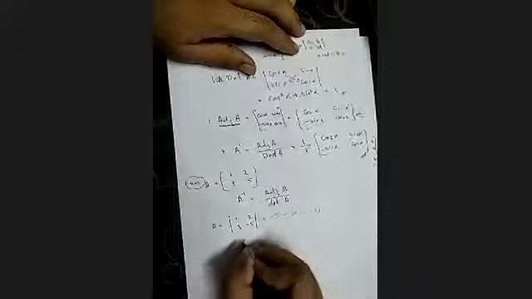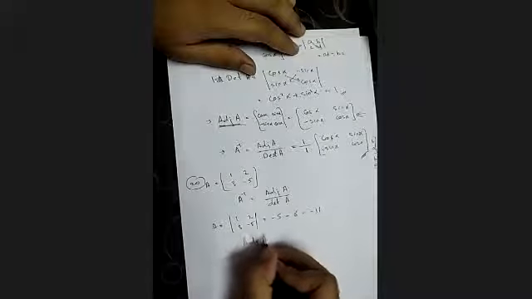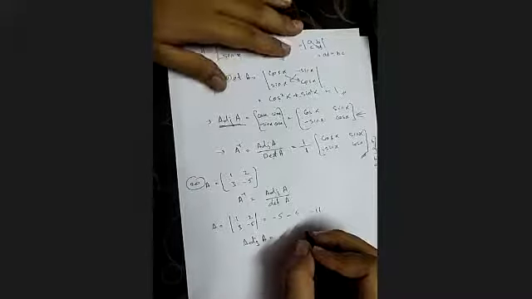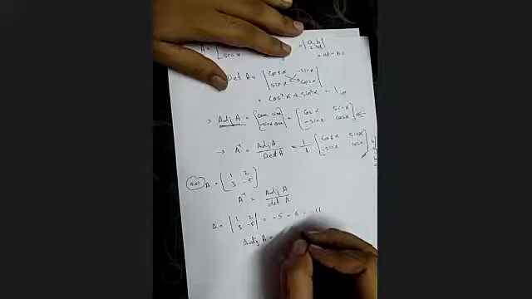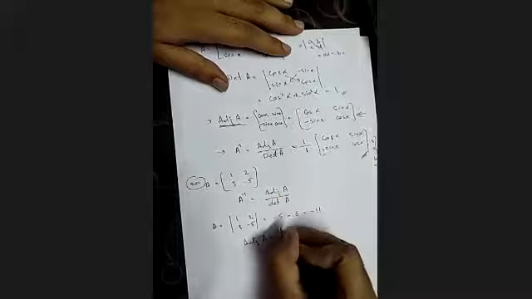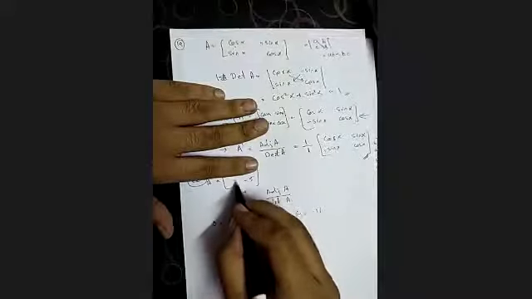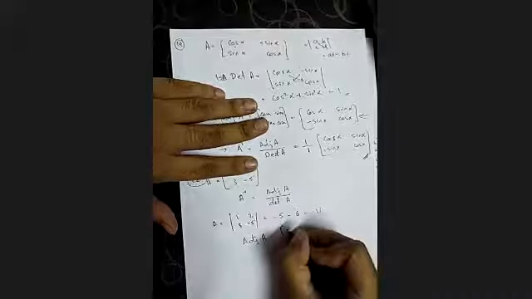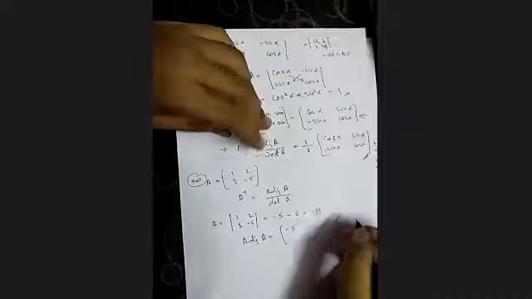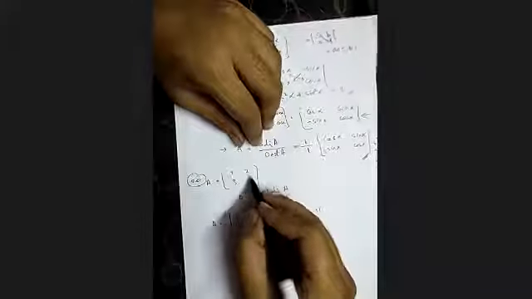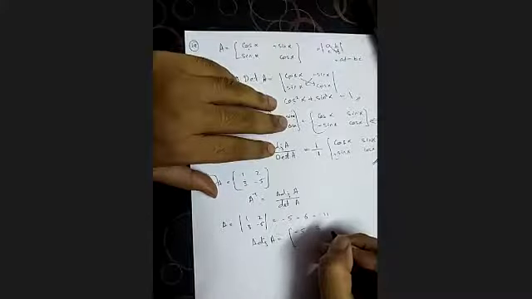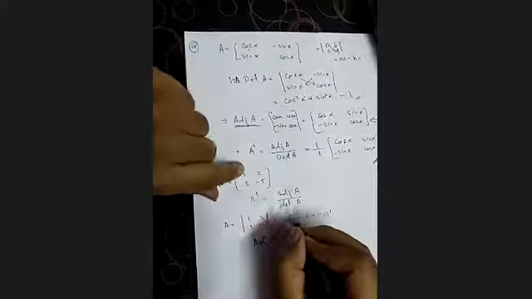Now we have to find the adjoint of A. Instead of 1, we remove this row and this column. What is left? Minus 5. Instead of 2, we remove this row and this column. What is left? 3. Instead of 3, I remove this row and this column.